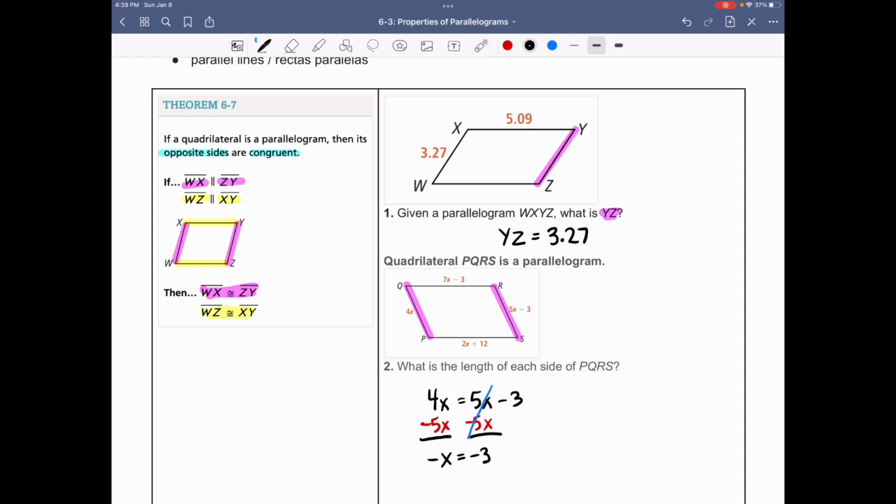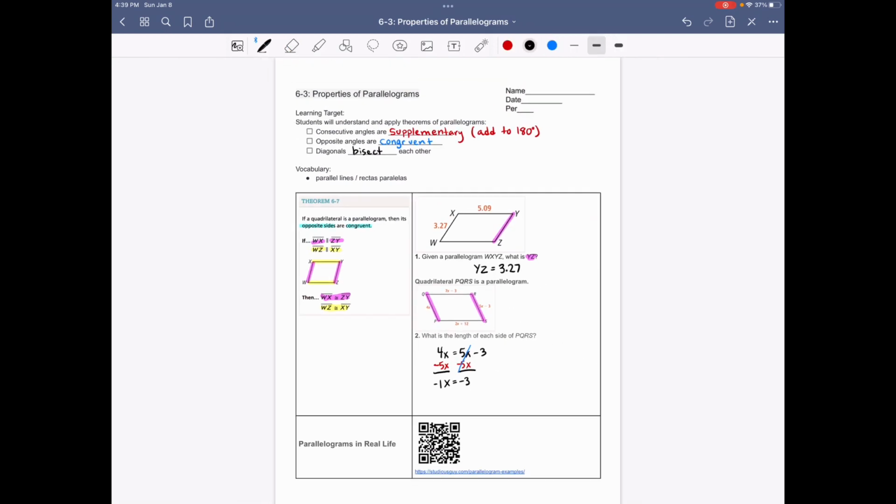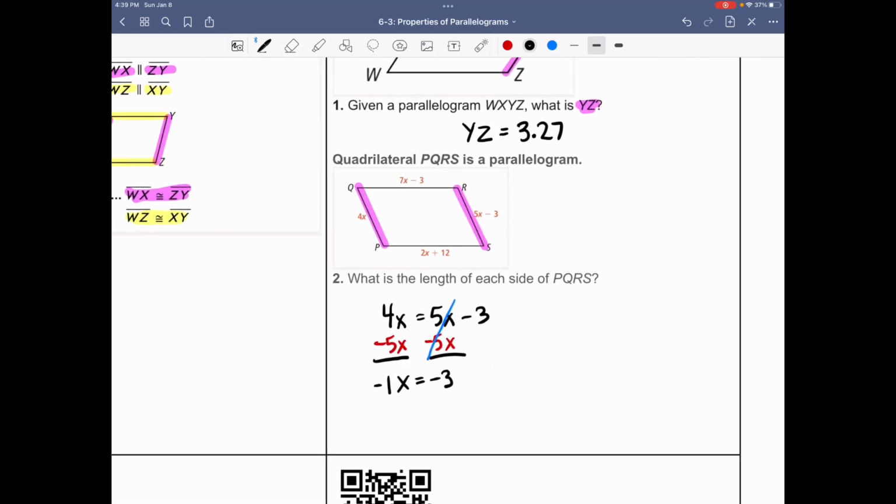Right? 4 minus 5 is negative 1. And now, maybe I should put the negative 1 just to make it easier for you to see. Negative 1x, right? 4 minus 5 is negative 1. So now I'm going to divide by negative 1. The 1's cancel, leaving us with x equals 3.